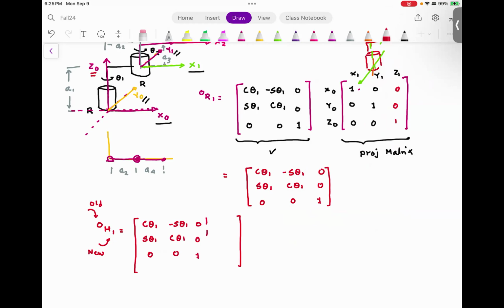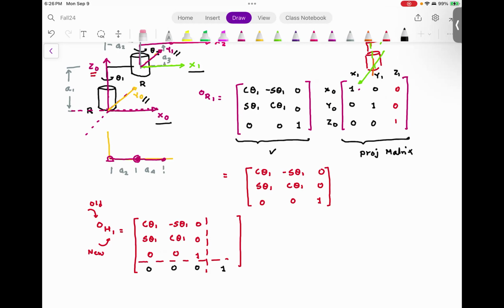So this is the first 3 by 3 matrix. Now the last row will have 3 zeros and the last row, last column would be 1.